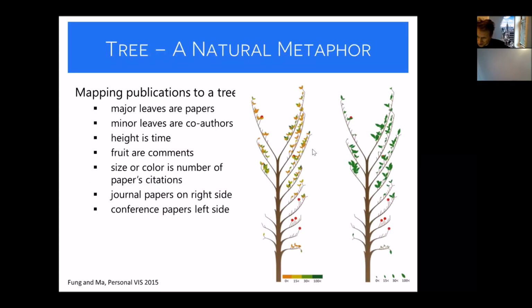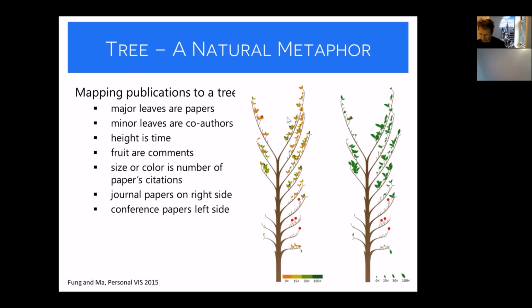Another one tries to take this a step further and put some semantics into this hierarchy. So here, for example, this is a map of the publications of a particular author to a tree. So the major leaves are the papers, minor leaves are the co-authors, the height is the time.